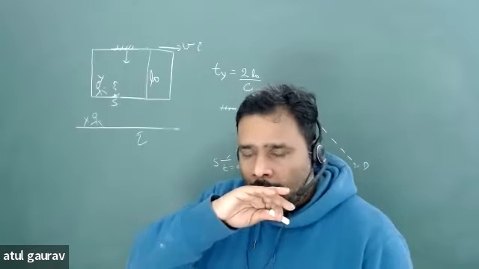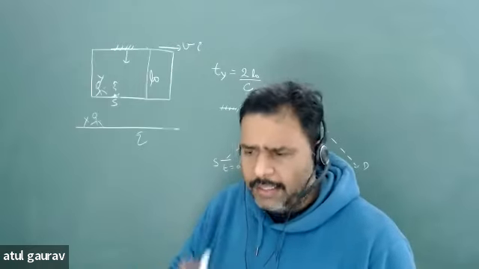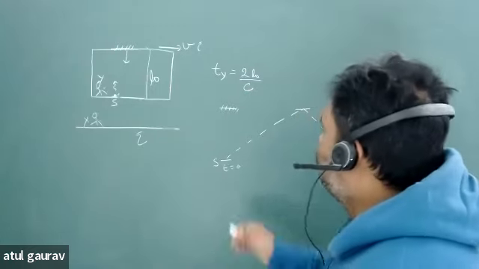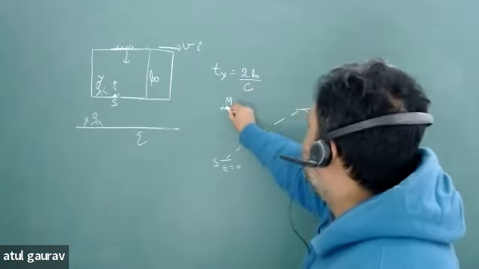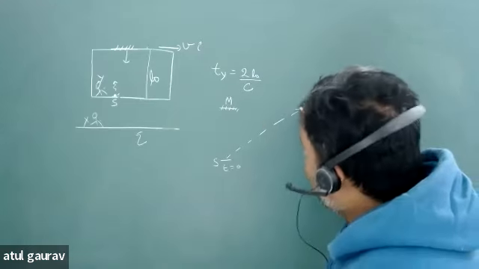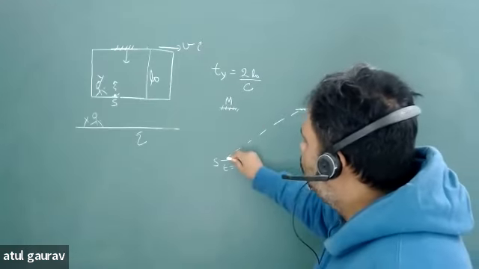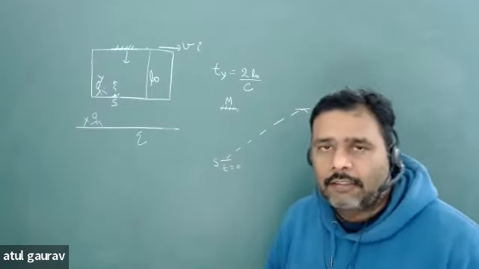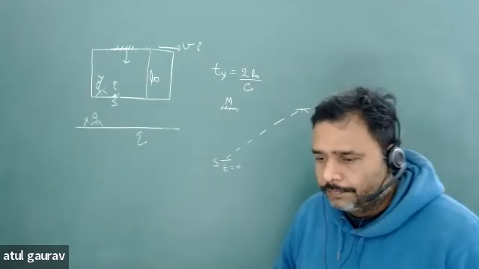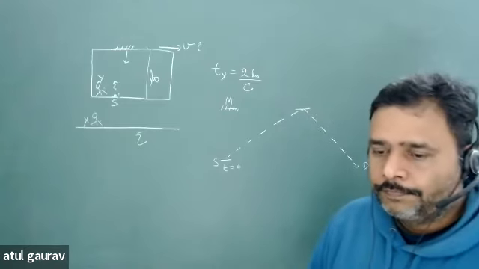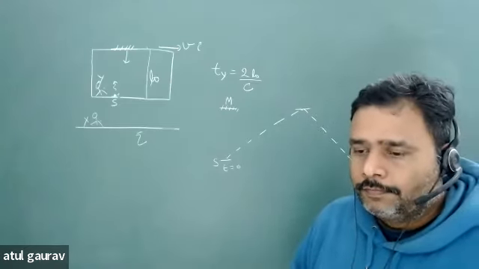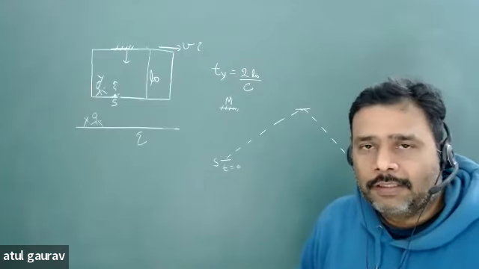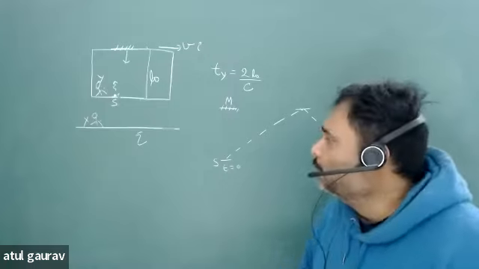In another way, in the time this mirror moves from here to here, in the same amount of time this light pulse must move from here to here. Am I correct or wrong? Correct. Think again, people have problems understanding.